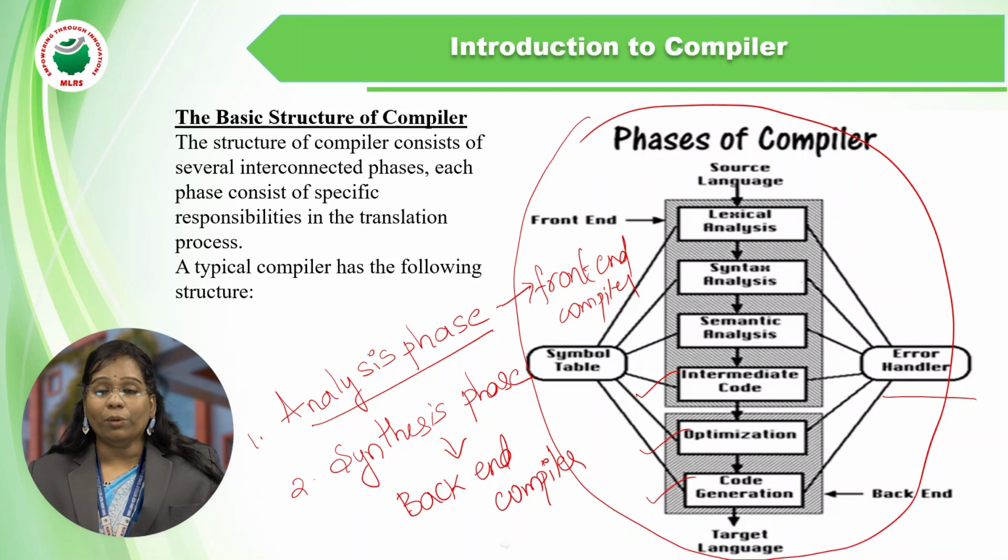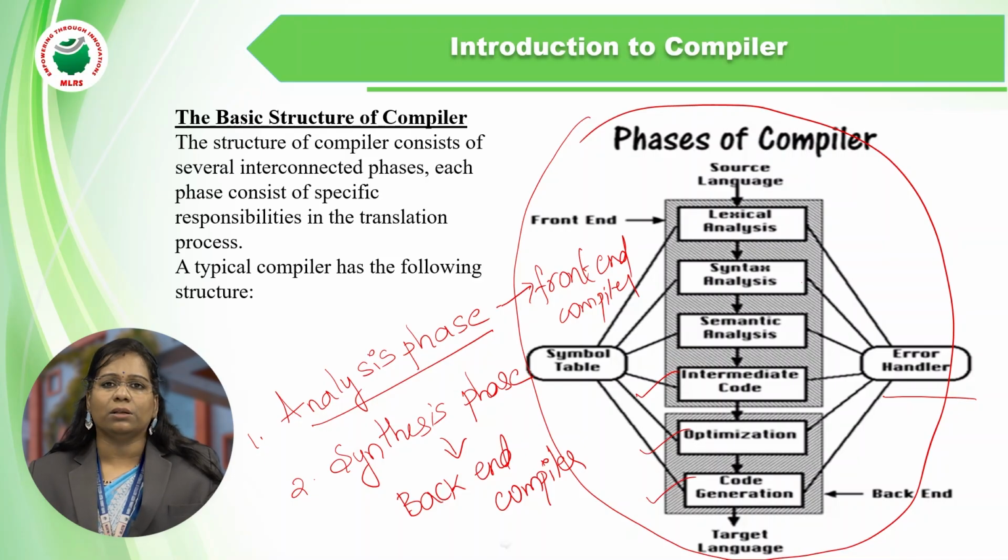Before discussing the phases of the compiler, first we need to know how many phases we are using. After that, the structure of the compiler, how it is divided. It is divided into two types: the analysis phase and the synthesis phase.